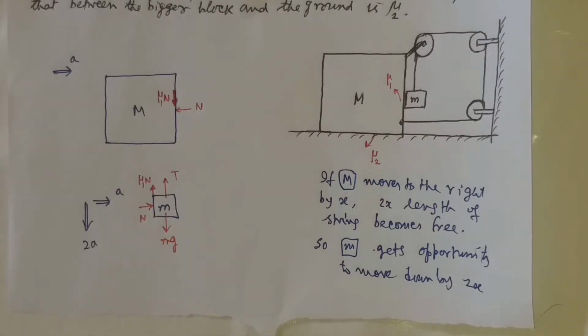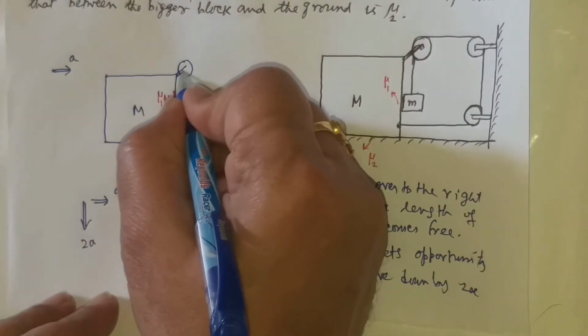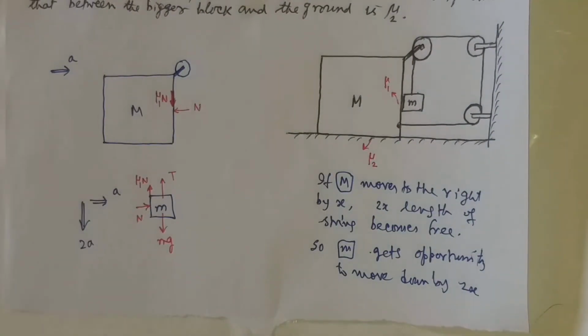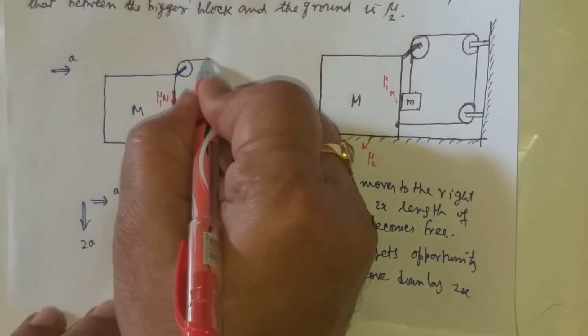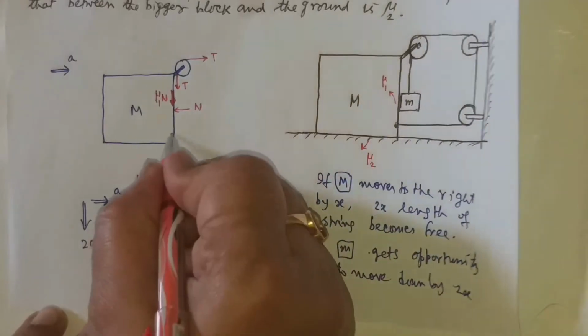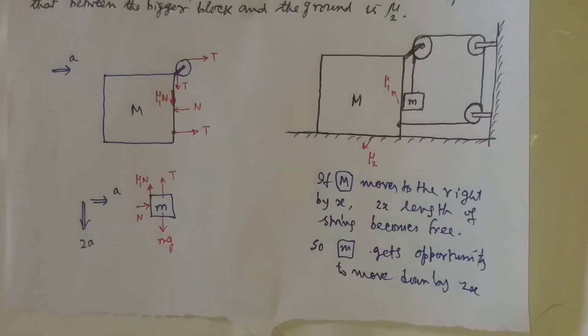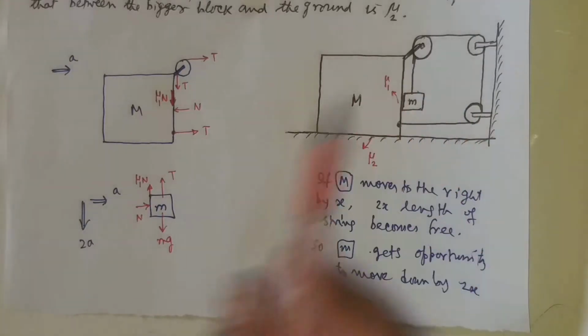As these forces are there, let us see the corresponding forces on the bigger block. Now this pulley is a part of this block, I hope you have noticed, and the tension here is T and this tension is T here, and this tension is pulling it to the right. As a single piece of string is used, we will take the same tension throughout.